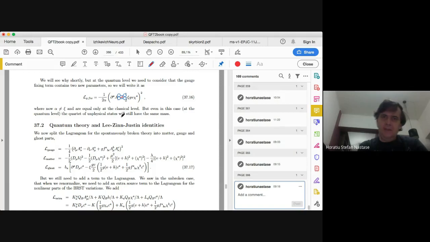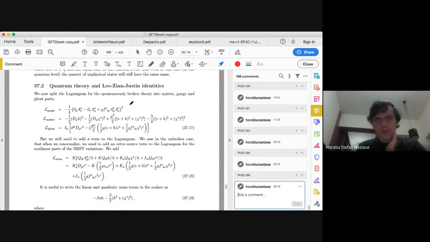And that means that they would have the same mass in principle. That's roughly the reasoning, but it's more complicated to actually prove it. Okay.